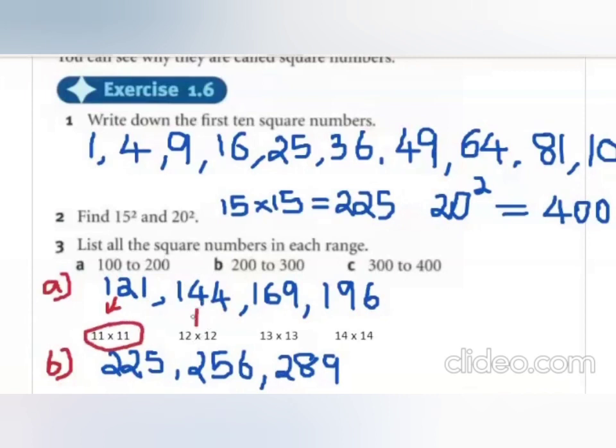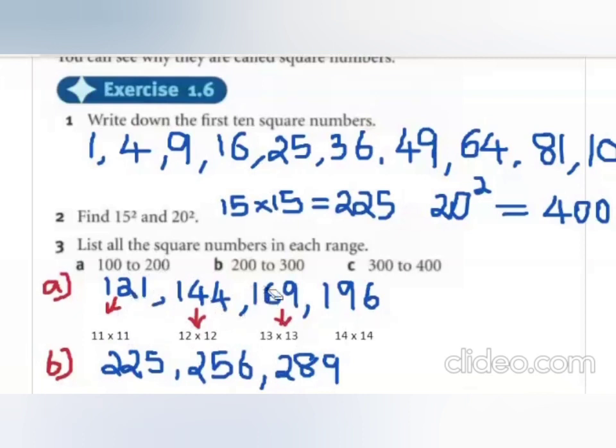And 13 into 13 is 169. Okay? And 14 into 14 is 196. So the square numbers that lie between 100 and 200 are 121, 144, 169 and 196. So we have totally 4 square numbers between 100 and 200.